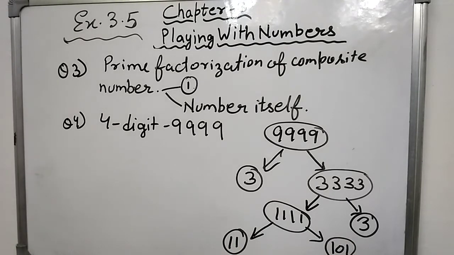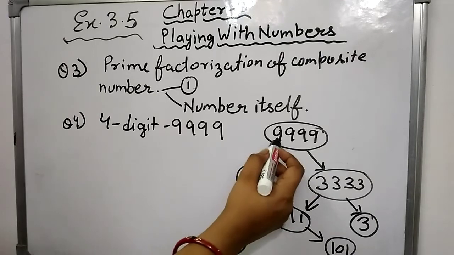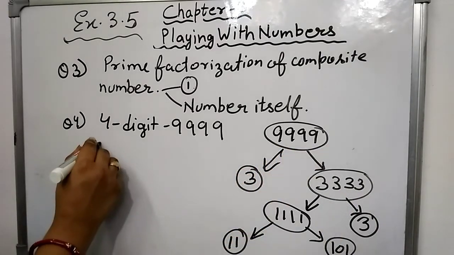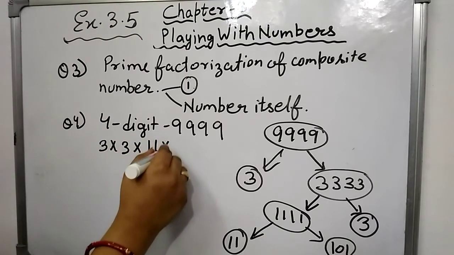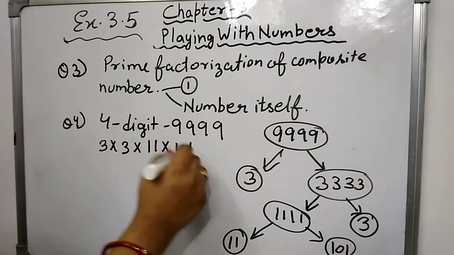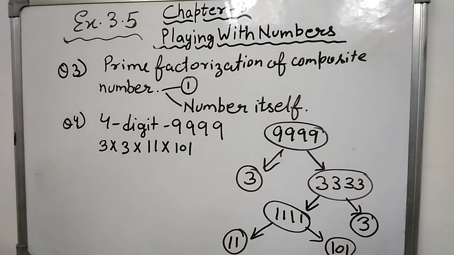Now we can see 11 is also prime and 101 is also prime. So we have reached the prime factors of 9999. Prime factors of 9999 are 3, 3, 11 and 101. You can do it with the repeated division method also.